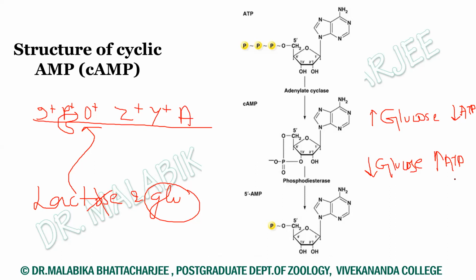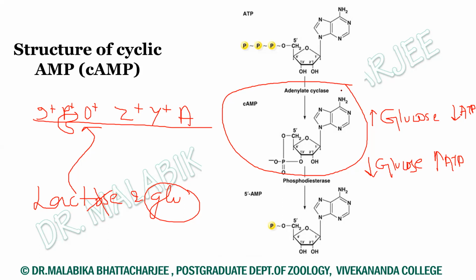How do we relate ATP to catabolite repression? Let us look at the structure now. ATP in the cell is broken down via adenylate cyclase to produce cAMP, cyclic adenosine monophosphate. So I can now logically say that if there is high glucose, low ATP, low cyclic adenosine monophosphate.